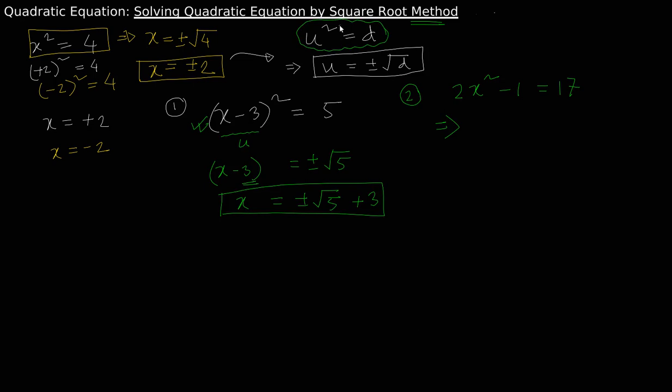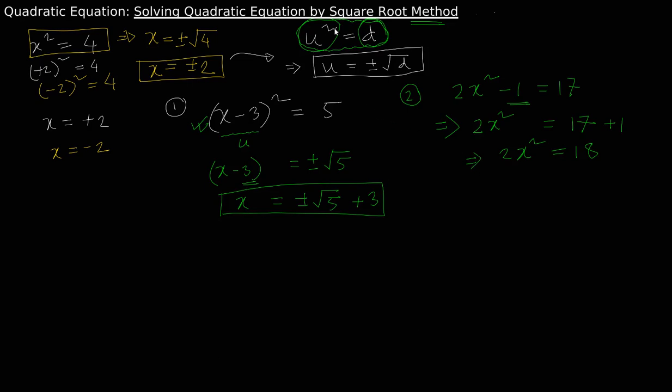In this case, I am making sure my square term is on the left hand side and my constant is on the right hand side. So let's keep the square on the left hand side, and this negative 1 is going to be positive 1 on this side. So it will be 18, and it will be 2x squared.